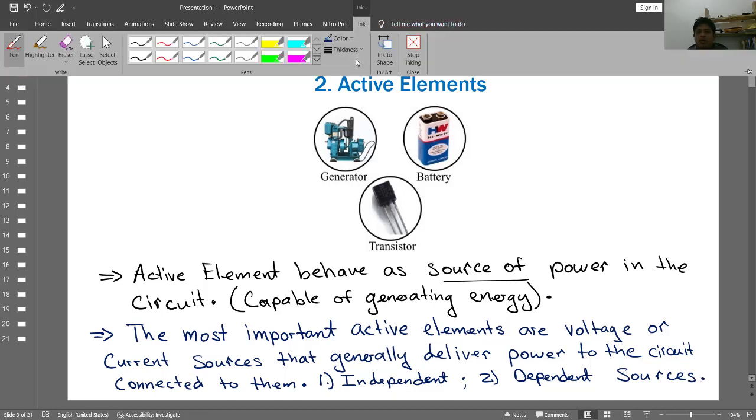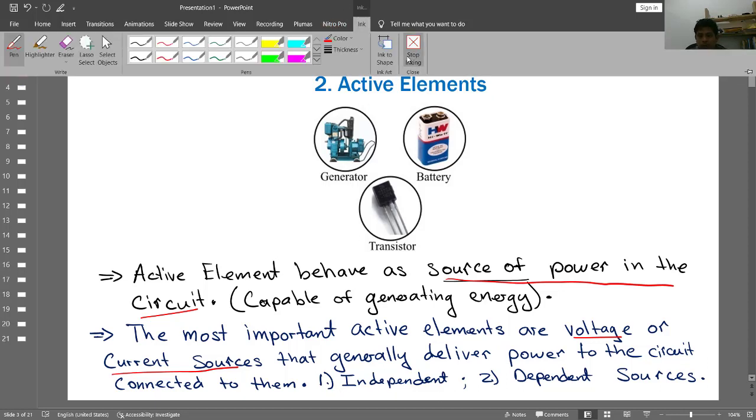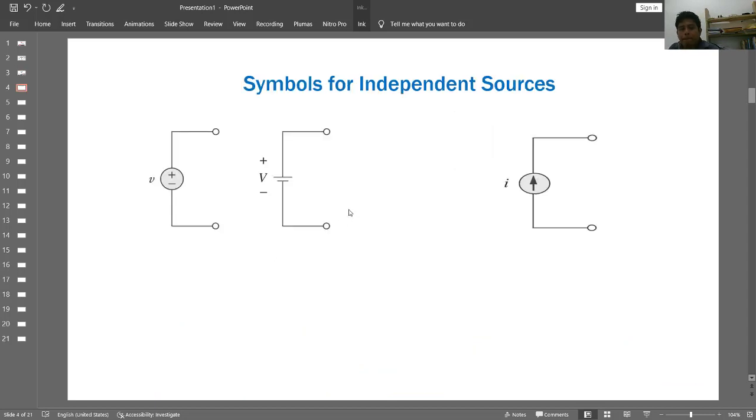Okay, so as a review of this slide, active elements behave as a source of power in the circuit, and the most important active elements are voltage or current sources that generally deliver power to the circuit connected to them. And we have two main important active elements: the independent source and the dependent sources. So let's look at them in another slide. So the symbols for independent sources, let's have the first one.